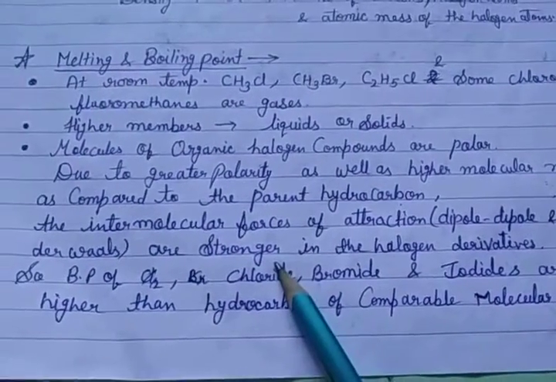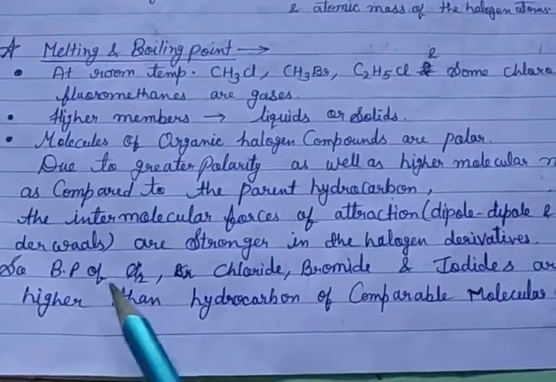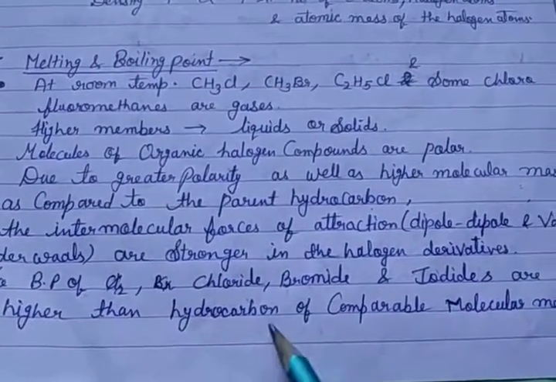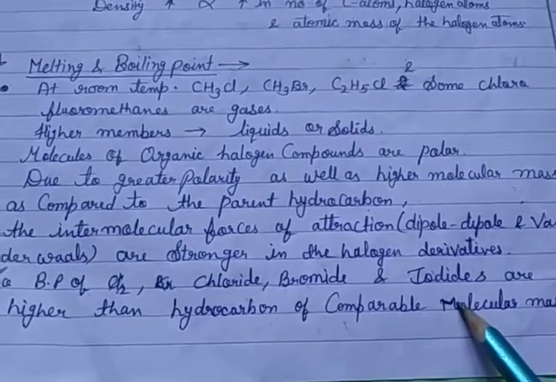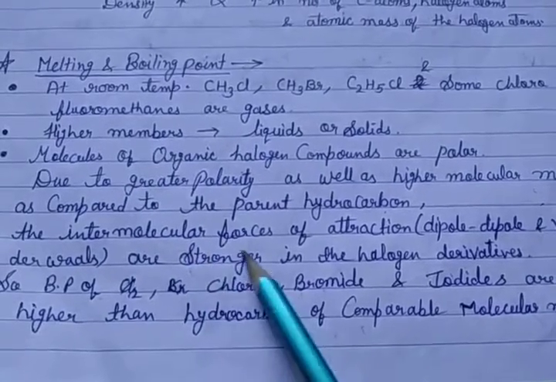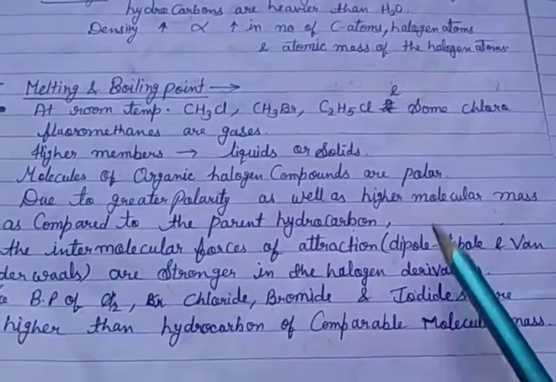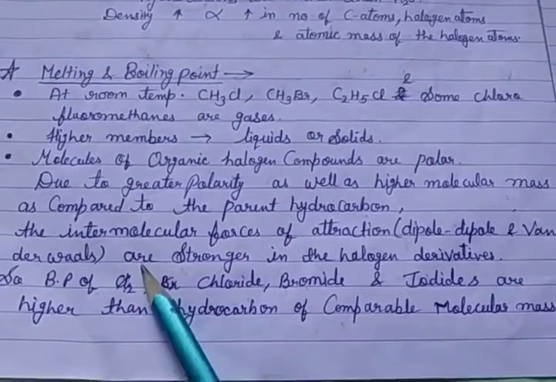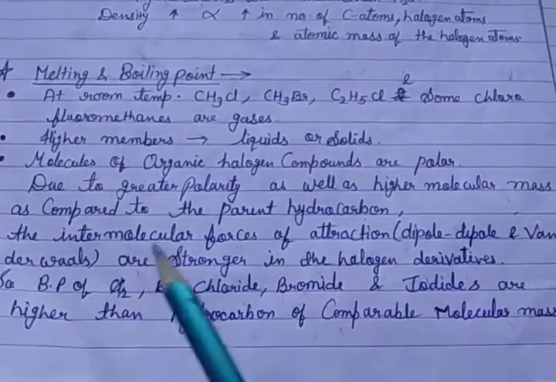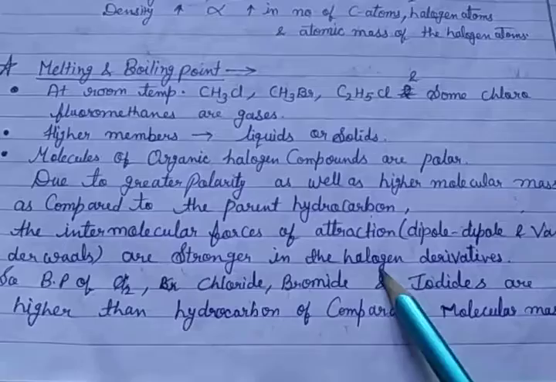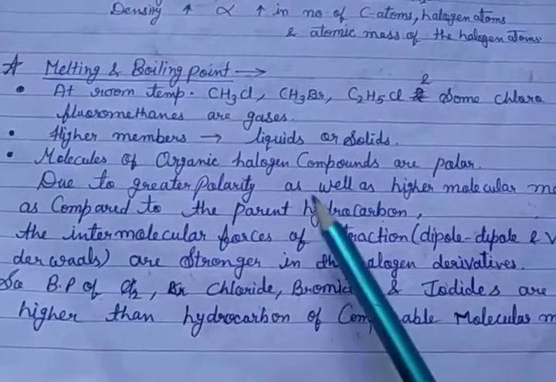This question is likely: boiling points of chlorides, bromides and iodides are higher than hydrocarbons of similar molecular mass. The reason is that intermolecular forces of attraction, dipole-dipole and van der Waals forces, are stronger in the halogen derivatives, due to the greater polarity. Clear?